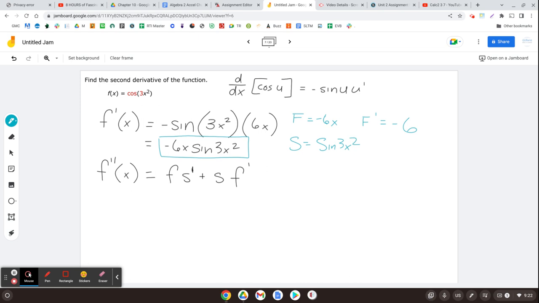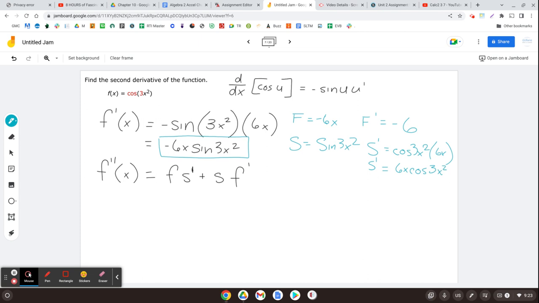And then the derivative of the second, be careful here, the derivative of sine is cosine. But then we have to multiply by the derivative of the argument of the function. So what's the derivative of 3x squared again, Camila? 6x. Times 6x. So I have enough room here. I'm going to rewrite that one. It is positive 6x cosine of 3x squared. Okay?